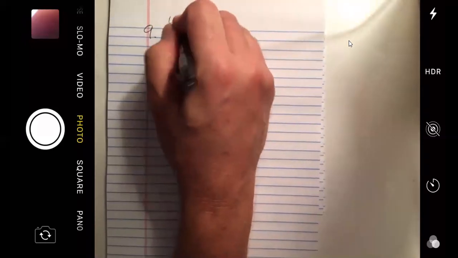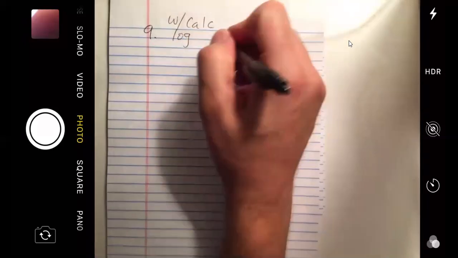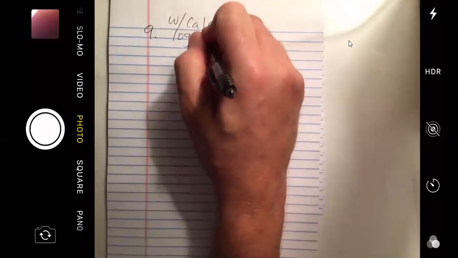With the calculator, it was log 50, add log 200, right?